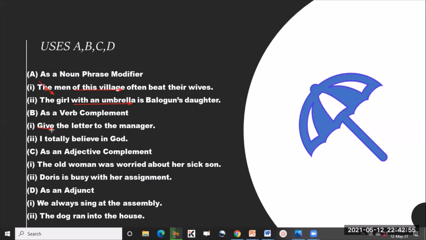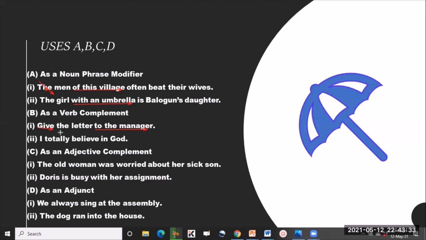But instead of using that structure, we reconstructed it and introduced a preposition, thereby making this a prepositional phrase. Yet it is functioning in direct relation to the verb. It is a verb complement. All right? Because if we say give the letter, then the meaning is still incomplete.